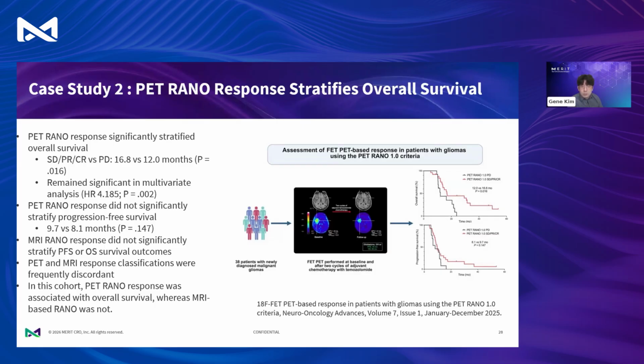Taken together, both case studies support the premise that the metabolic response assessed by amino acid PET carries prognostic information for overall survival that MRI-based response does not fully capture in these cohorts.